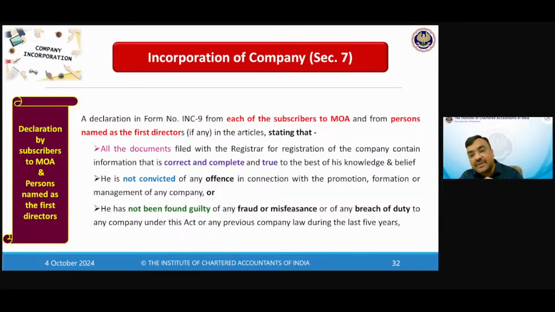One, declaration by subscriber and the first director that all the documents submitted are true, correct and complete to the best of their knowledge and belief, and they are not convicted in the previous 5 years regarding the formation, promotion or management of the company.